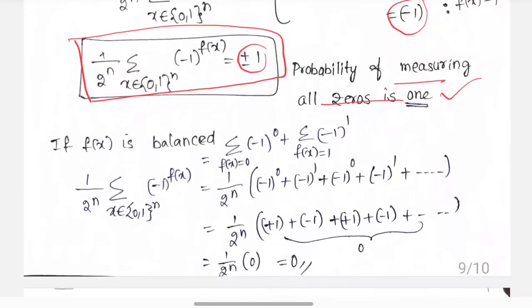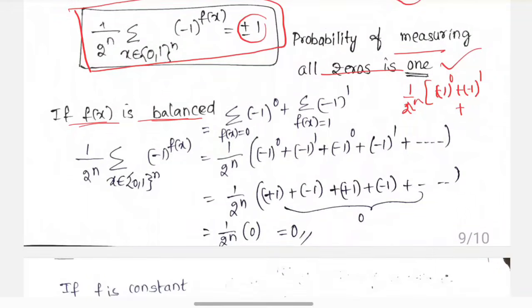Now if f of x is balanced, check in this case. I need to take, for example, 1 by 2 power n, with minus 1 power 0, minus 1 power 1, and in the same way vice versa. If you substitute all those things, minus 1 power 0 will be plus 1, minus 1 power 1 will be minus 1, minus 1 power 0 will be plus 1, and so on.